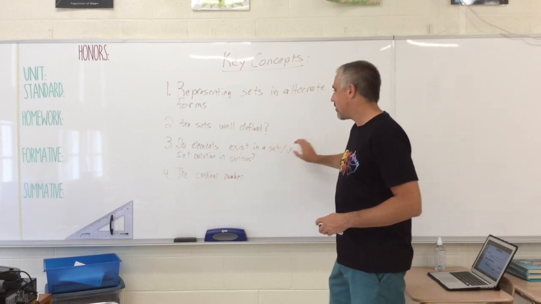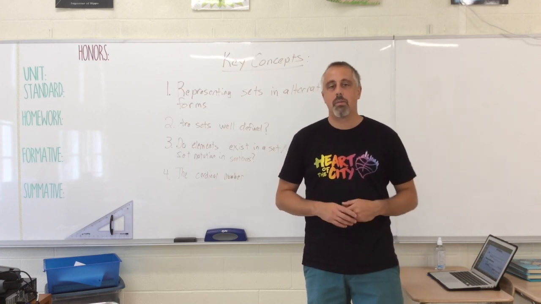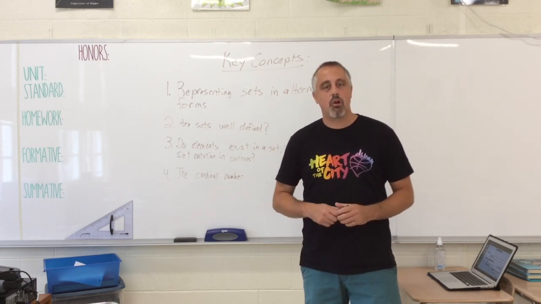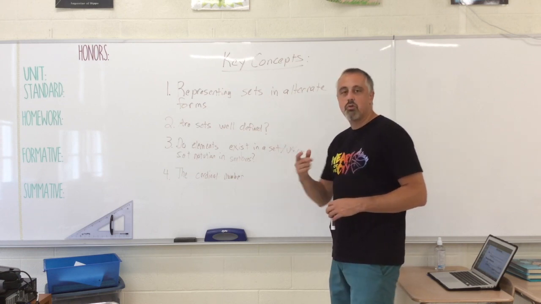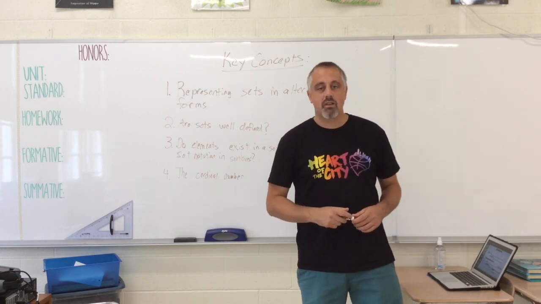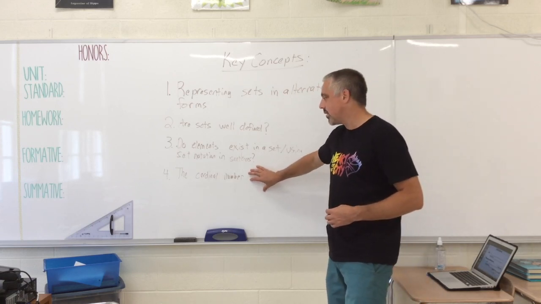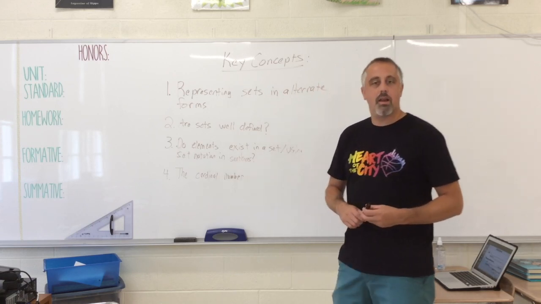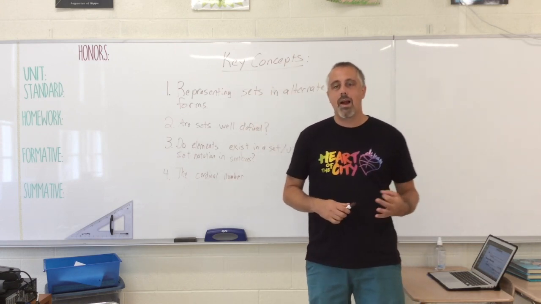The third thing asks you, does a given element or a number exist within a set you're looking at? Really it's using the set notation that we're going to define if it's an element or not. And one of the other main ideas is the cardinal number of a set. This isn't per se in order of the notes, but these are our three main ideas.